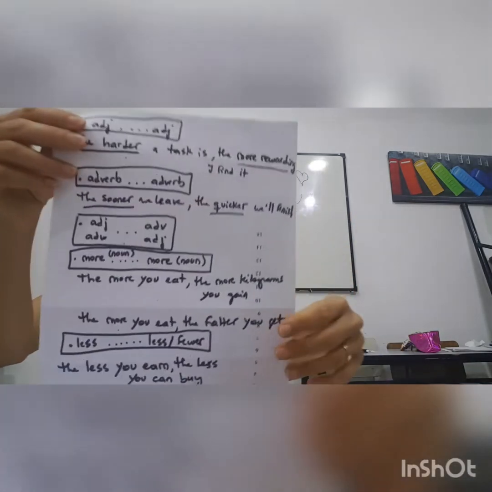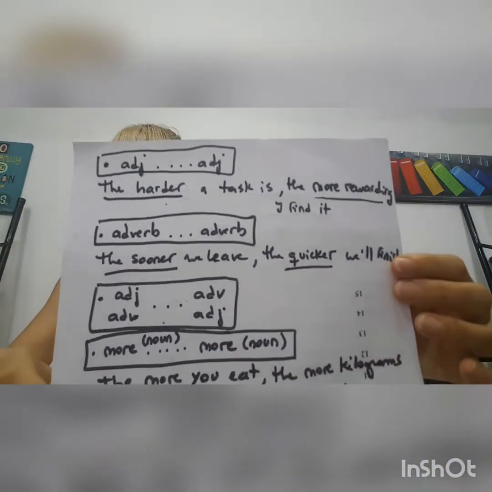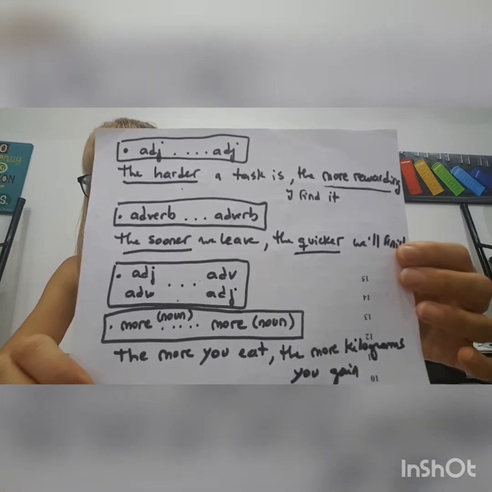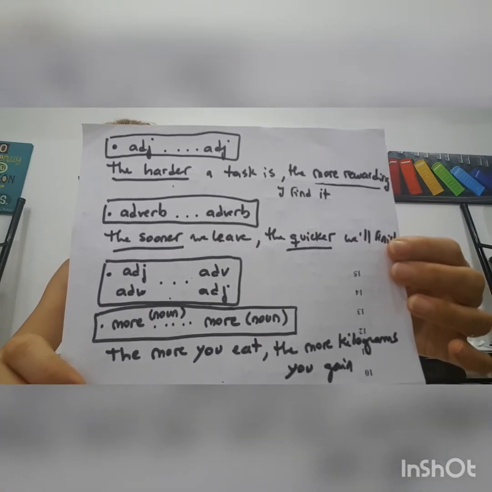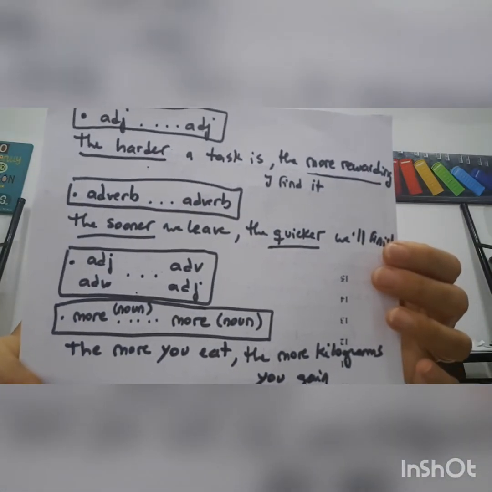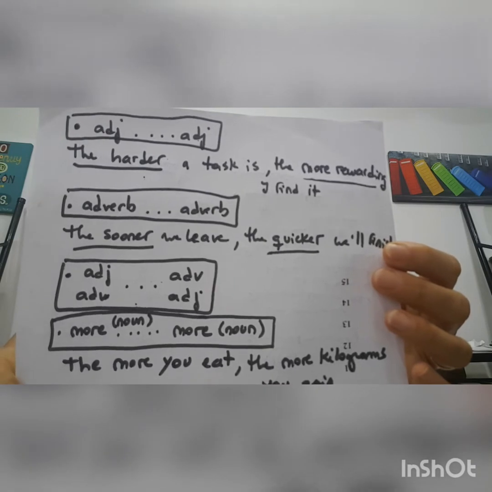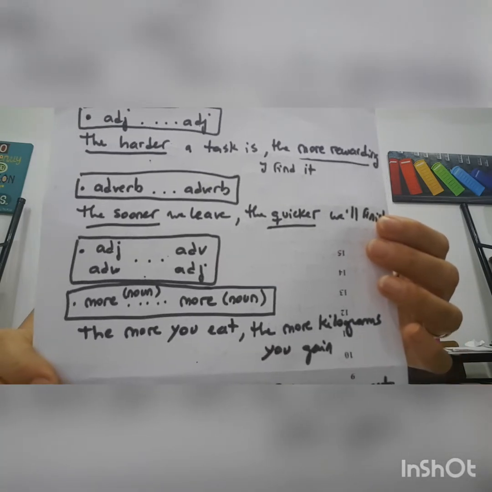So, here I copied for you the possibilities. We can have adjective and adjective. And I wrote, the harder a task is, the more rewarding I find it. The harder, the more rewarding. I can have adverbs.